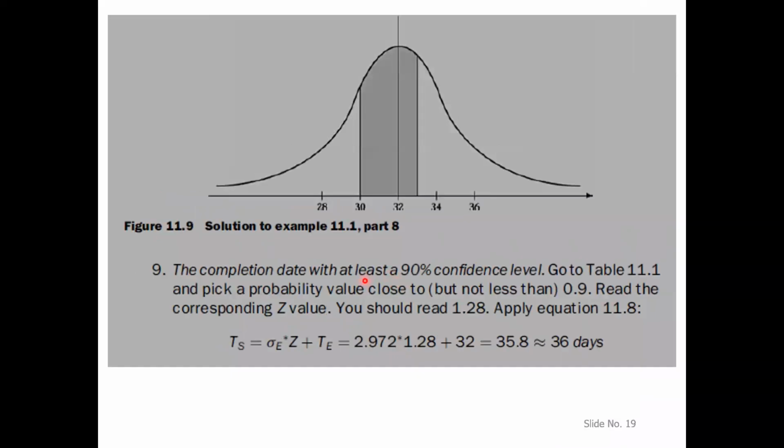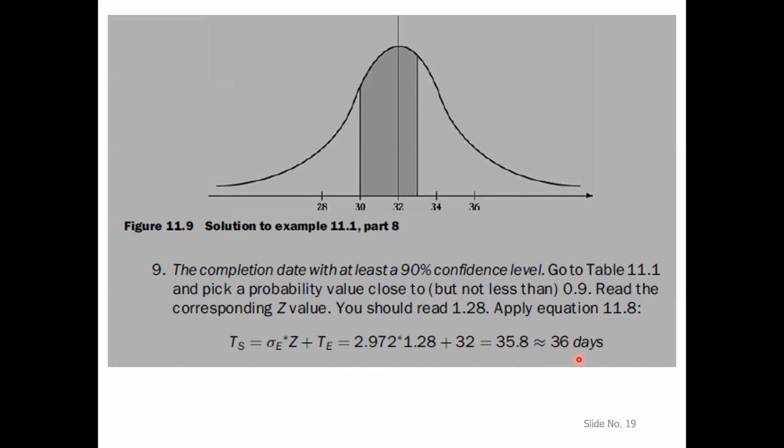And I will quickly go to the last one, the completion date with at least 90% confidence level. For the 90% confidence level, you will pick a probability value which is close to or equal to 0.9, and then you will read the corresponding Z value. We will find the Z value from the table, and from the manipulation we can calculate the TS value.